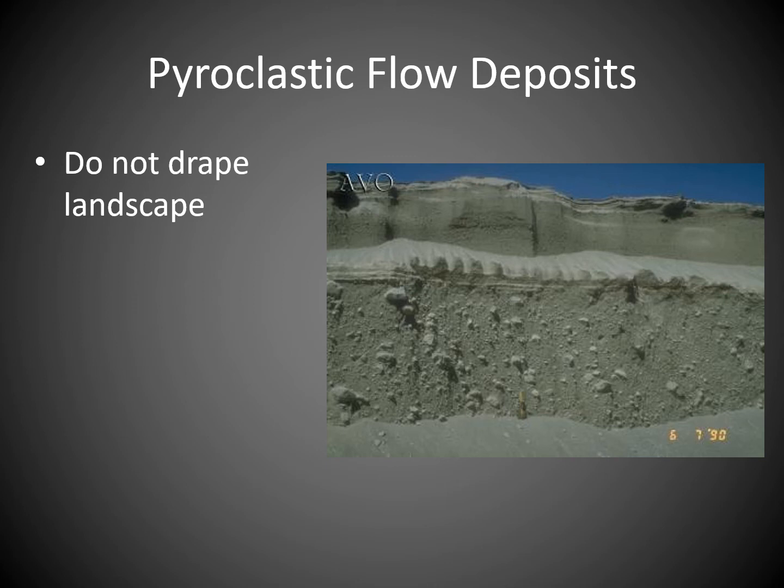This would be confined to probably a river valley area. So it looks very different in the field. So instead of mantling the topography, they tend to be really thick in valleys and pretty much non-existent on the tops of ridges.